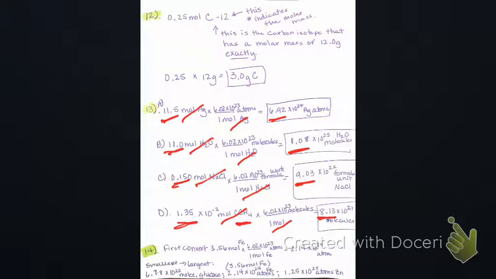So my order is smallest to largest, 6.78 times 10 to the 22nd molecules of glucose. Then next is 3.56 moles of iron. And we're able to do that because we found that that is equal to 2.14 times 10 to the 24th iron atoms. And then last but not least, the largest is 1.25 times 10 to the 25th atoms.